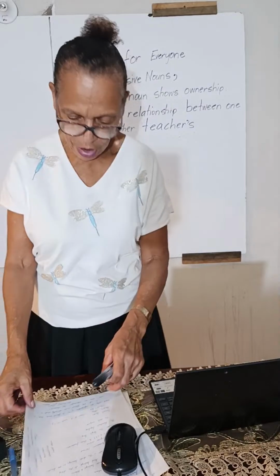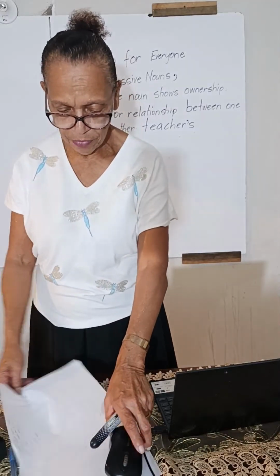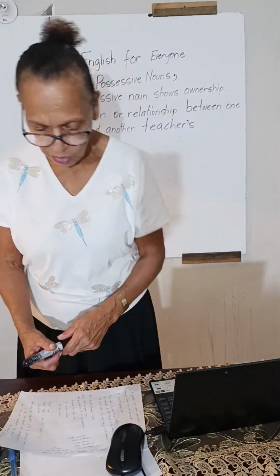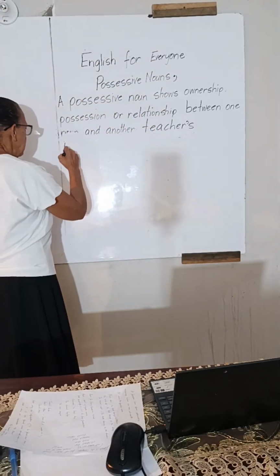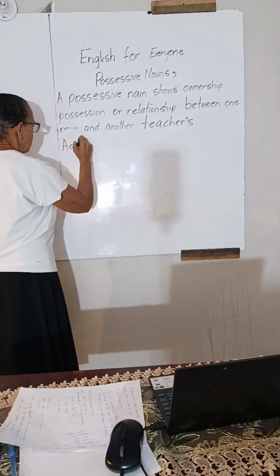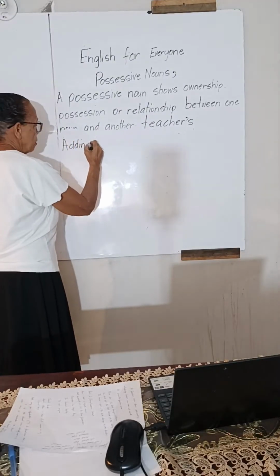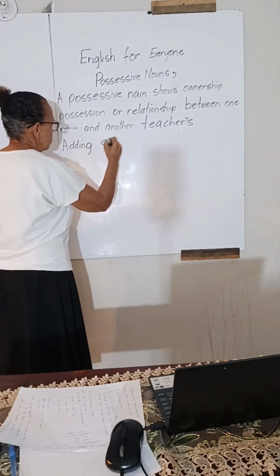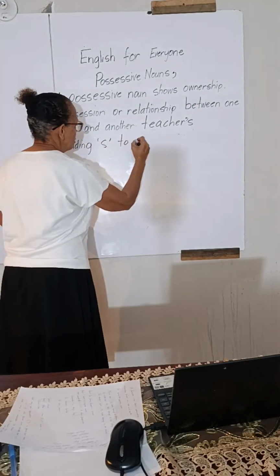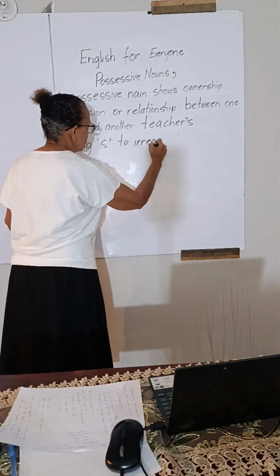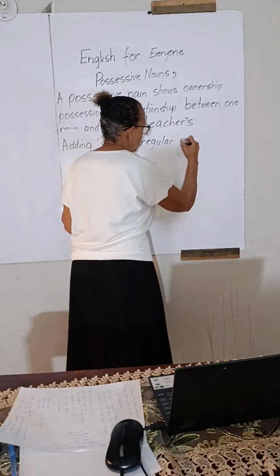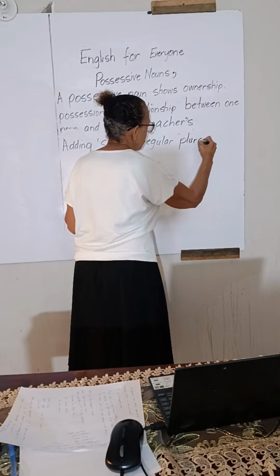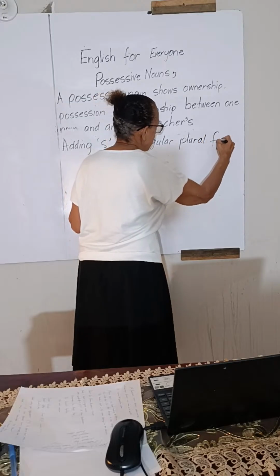Rule number 4, and we're going to look at this one. Adding S to irregular plural form.